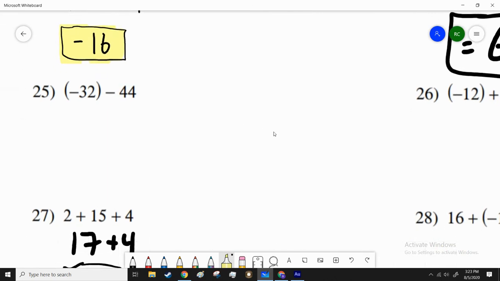Once again, since we have two negatives, we are essentially combining them to make an even more negative number. So we're going to get negative 32 and 44. Well, let's see. 32 and 40 is 72, and then another 4 is 73, 74, 75, 76. Our answer is negative 76.